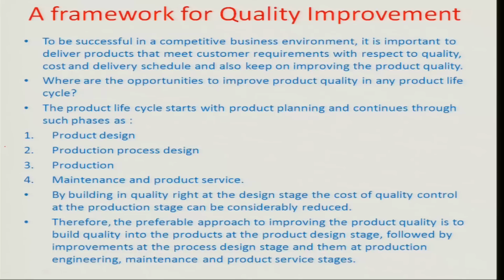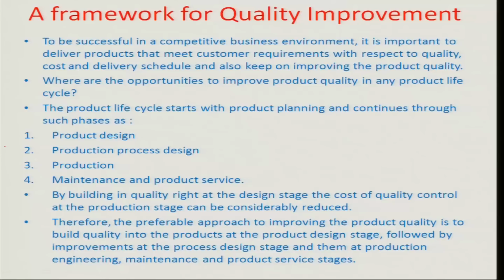The other issue is that overall, there has to be a framework where you have quality improvement at every stage of a particular business, and the quality has to have its presence in all the different phases of the product life cycle as such.